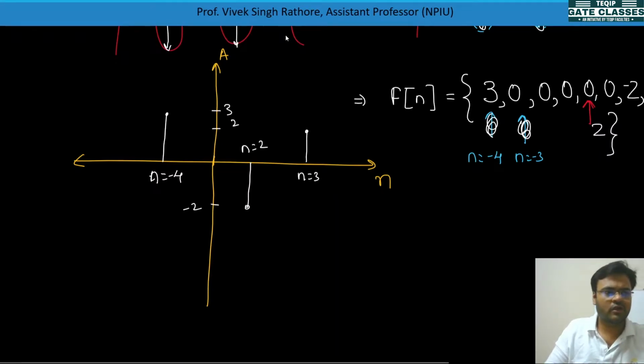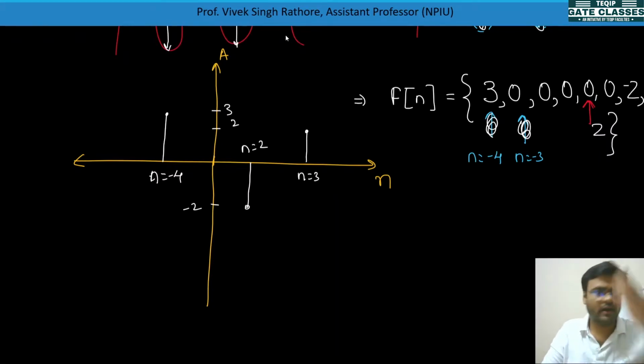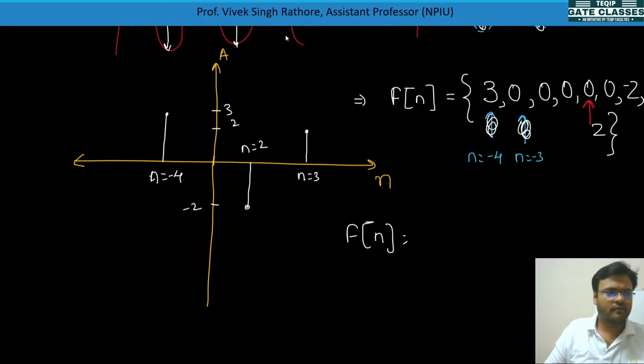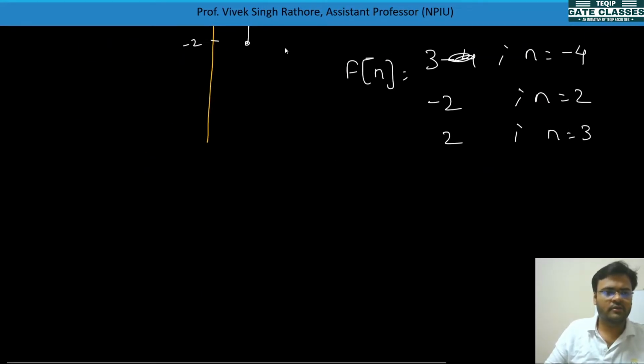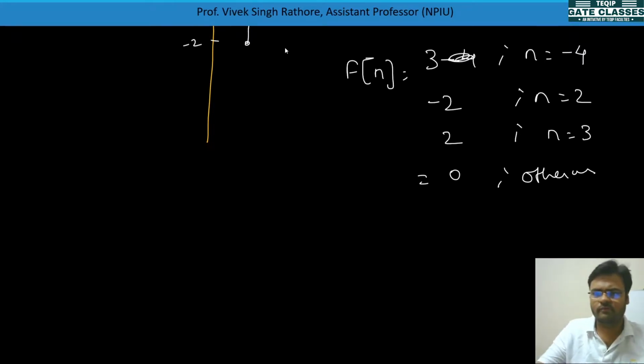We can also write it like this: f[n] is equal to 3 for n is equal to -4, -2 for n is equal to 2, and 2 for n is equal to 3, and 0 otherwise. Like this also you can write it, no problem.